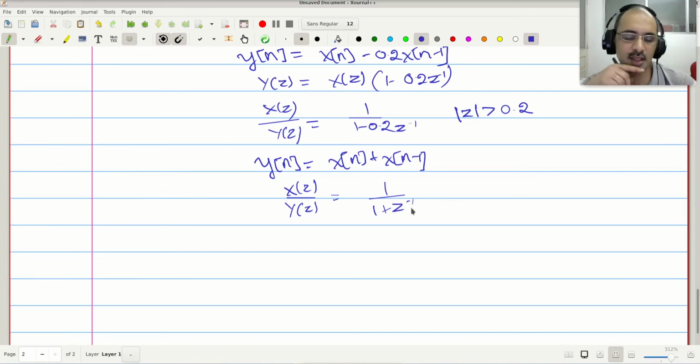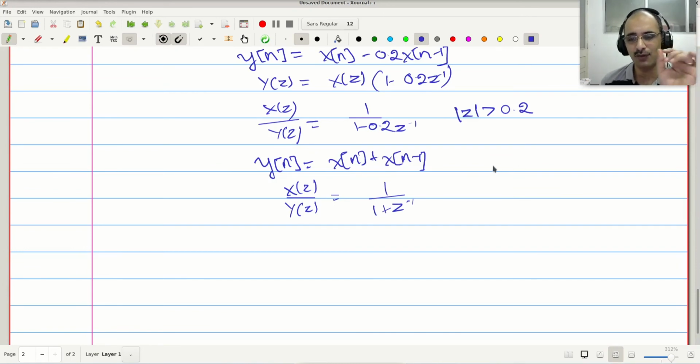Now this is actually a very difficult situation for us to deal with, because the |z| equal to 1, the unit circle, can never be within the ROC. So you cannot have a stable way to realize this. In fact, there's no stable way to realize this.